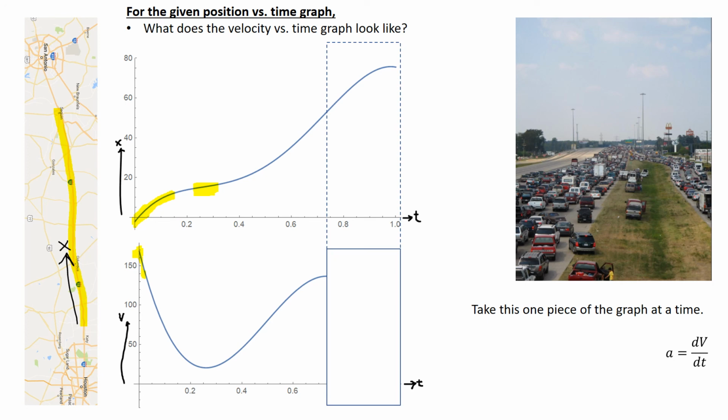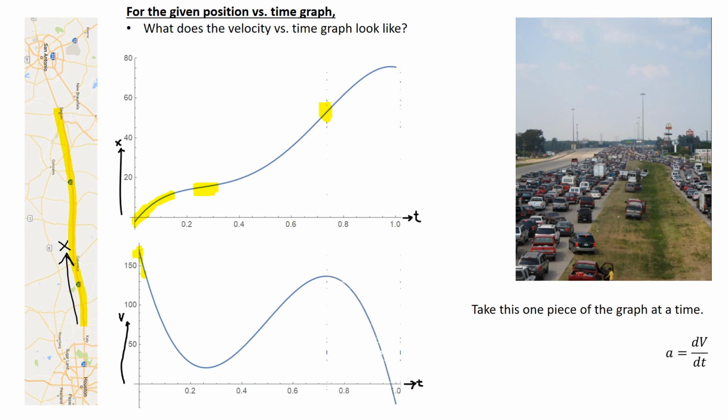So what does this last little section look like? What's happening to the slope? Is the slope getting larger or smaller? Here we're getting smaller again.